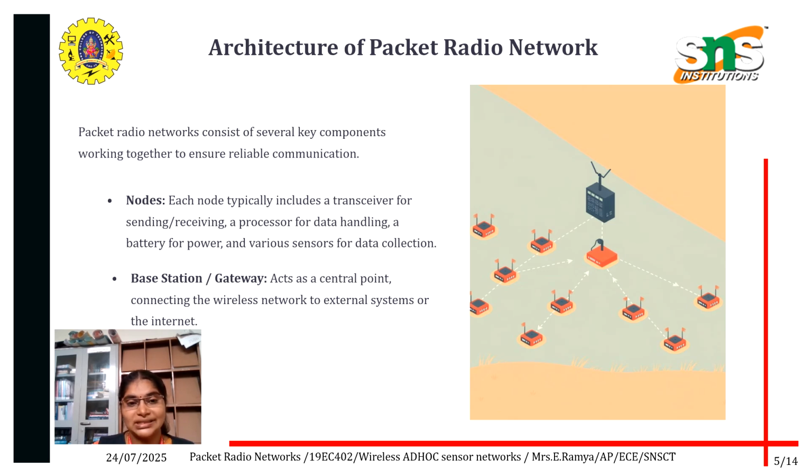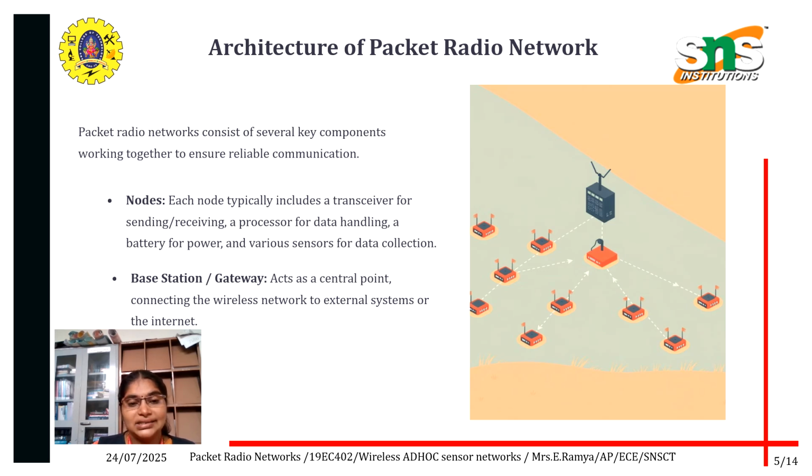Here we are going to use nodes and a base station gateway. Each node typically includes a transceiver for sending and receiving. Why is it called a transceiver? It acts as a transmitter and also a receiver. That's why it is called a transceiver.